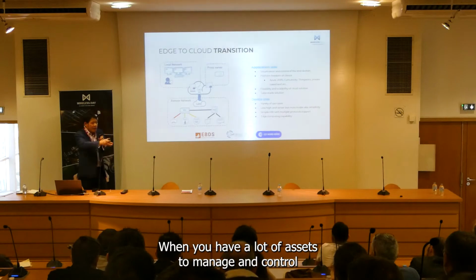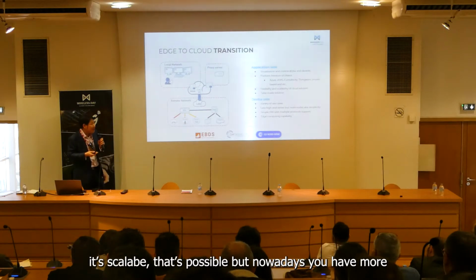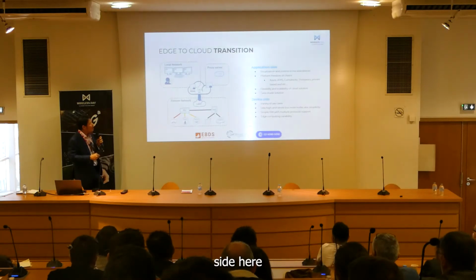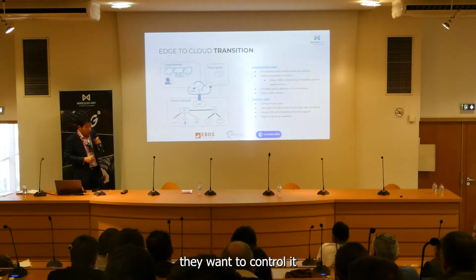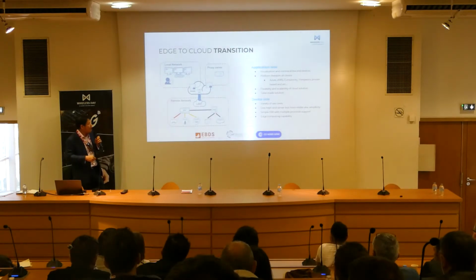When you have a lot of assets to manage and control, you also need to visualize them. You can do it via SCADA, that's possible, but nowadays you have more options compared to the past. At the application side, they want to visualize it, control it, and see how these end devices are doing.